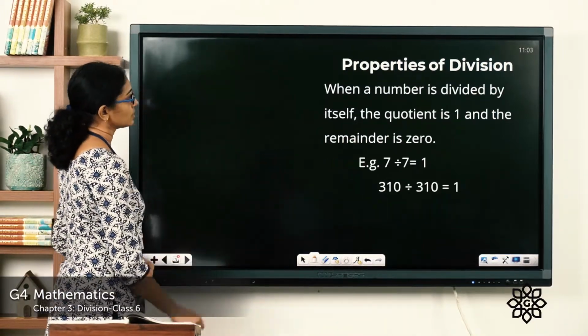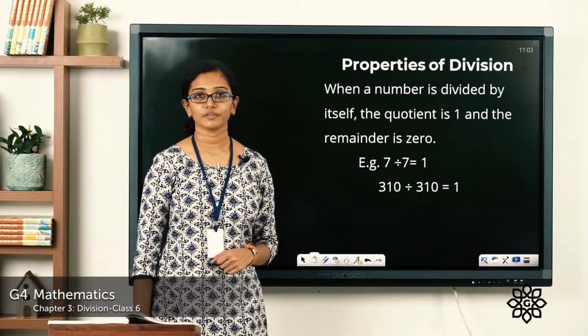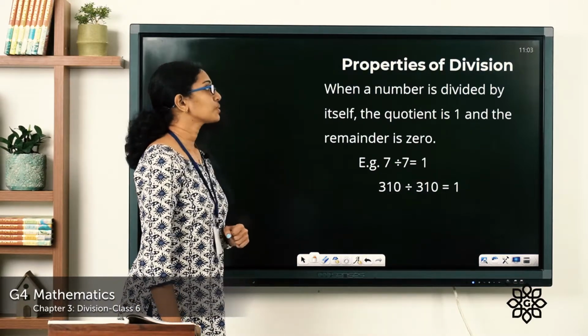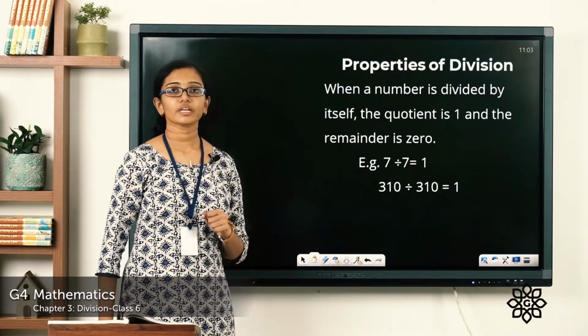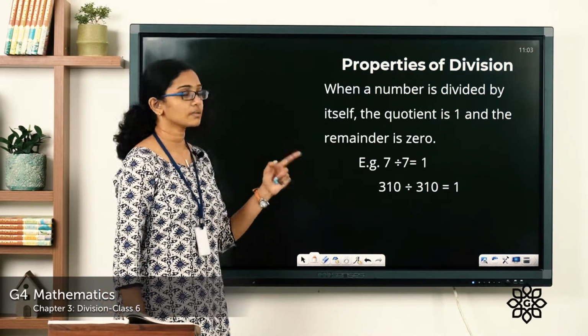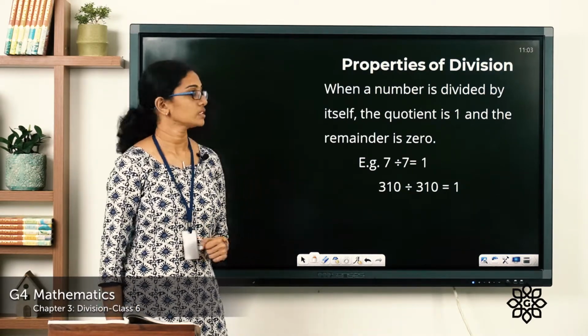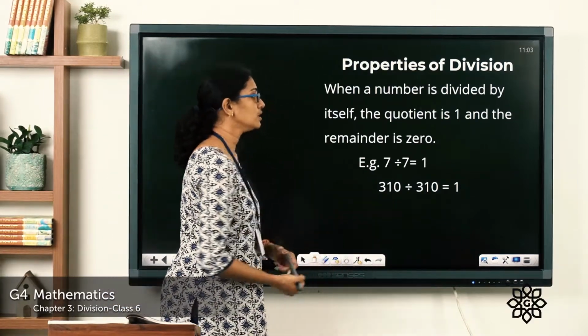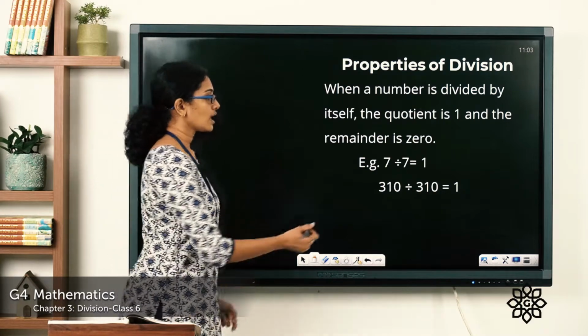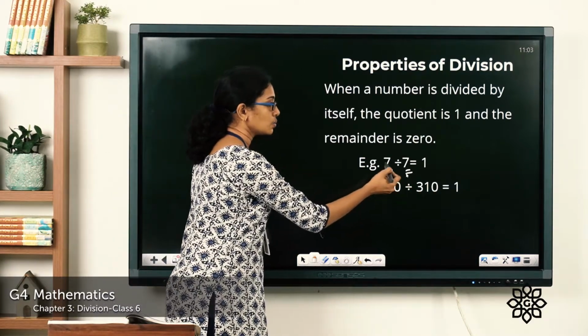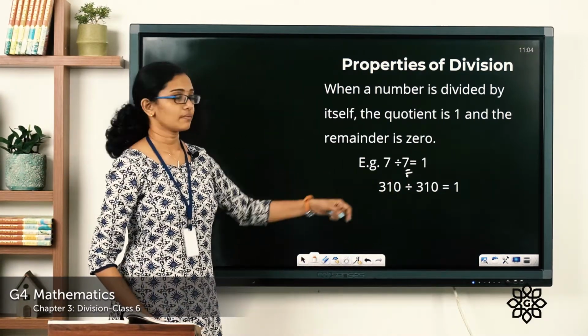Now, let's see the next property. It says that when a number is divided by itself, the quotient is 1 and the remainder is 0. Look at this example. 7 divided by 7 is equal to 1. Meaning, how many 7s will make this 7, right?